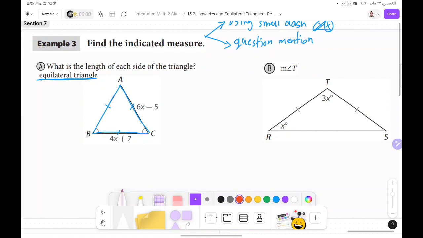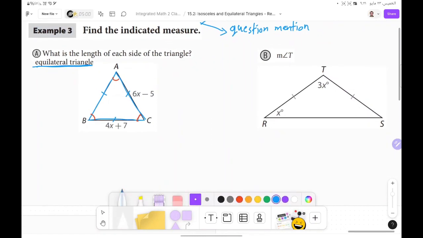And if you remember the converse, if all the sides are equal, for sure the angles are also equal. So now to find x, I know that side AC should equal side BC. So AC is 6x minus 5 equal to BC, 4x plus 7, right?